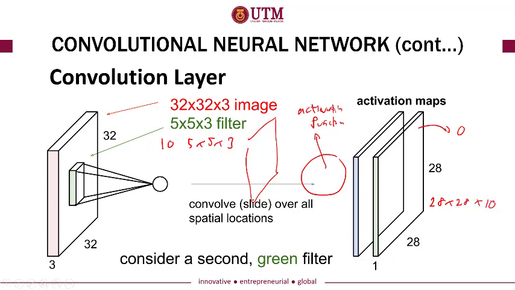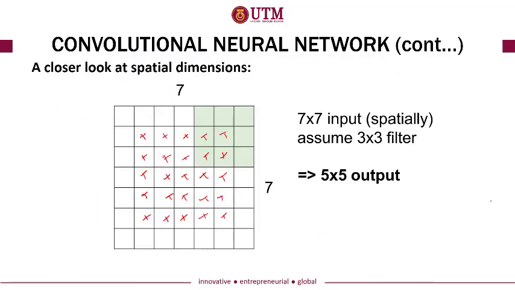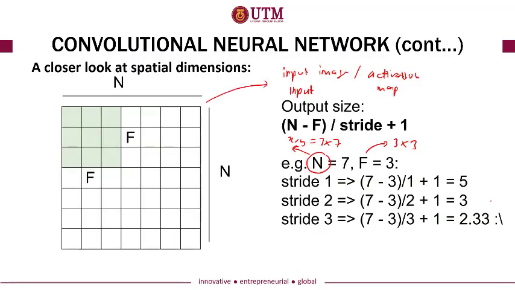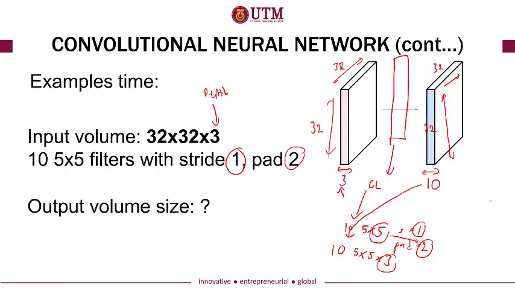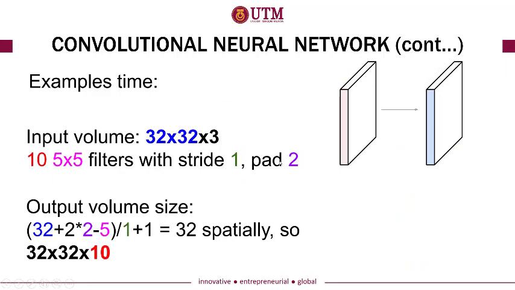So in this exercise over here, the depth size is 10 because the number of filters you use in this convolutional operation is 10. I hope you get what I mean. And the size is maintained because of the stride equal to 1 and the padding equal to 2. So that's how it looks in order for you to estimate the volume size.